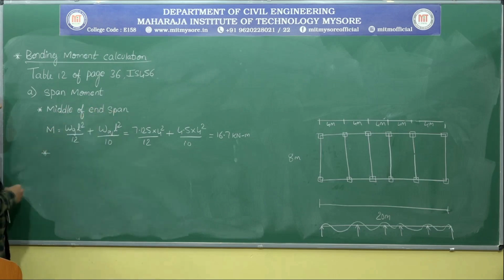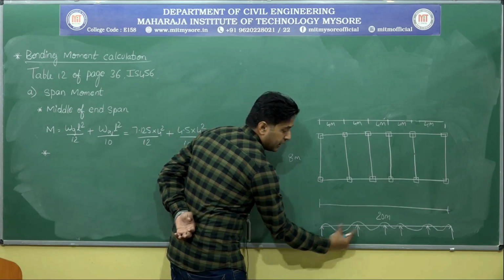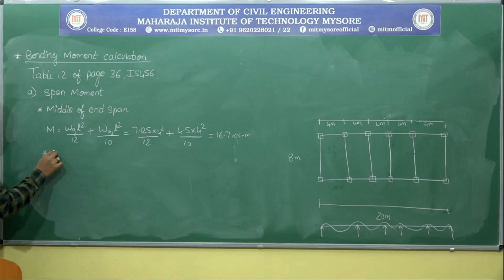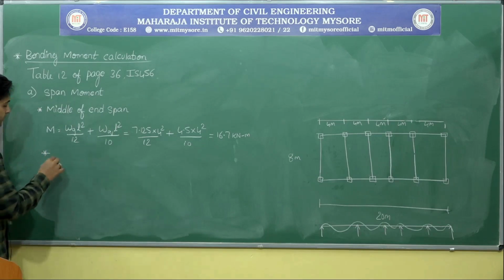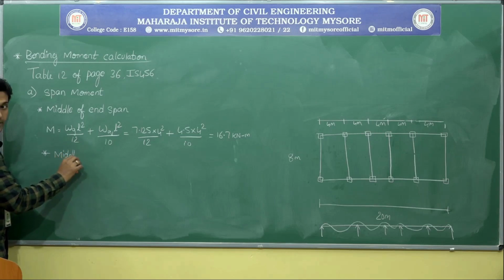Similarly, we'll go with the middle of interior span. Please remember, in the end span, the middle they have considered. In the mid span, the middle they have considered. So next, it's the middle of interior span.